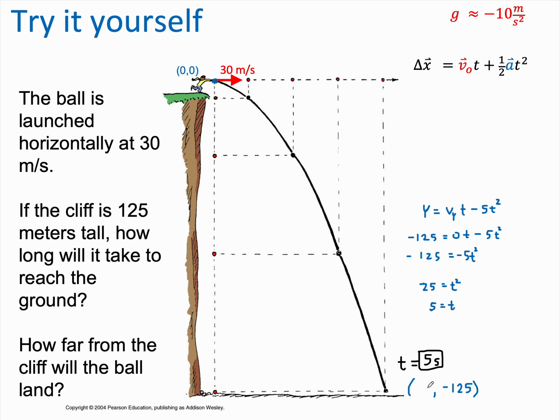The answer is you betcha. It's going to take 5 seconds to hit the ground. What's the x? How far is it going to travel horizontally by the time it hits the ground? The answer is 150 meters. And so our coordinates down here, when it hits the ground, it's going to be 150 meters from the edge of the cliff when its position is -125.